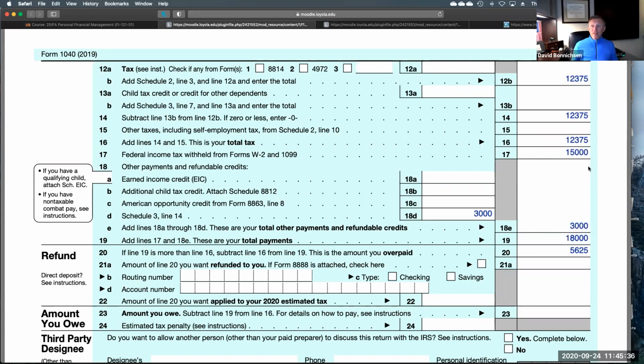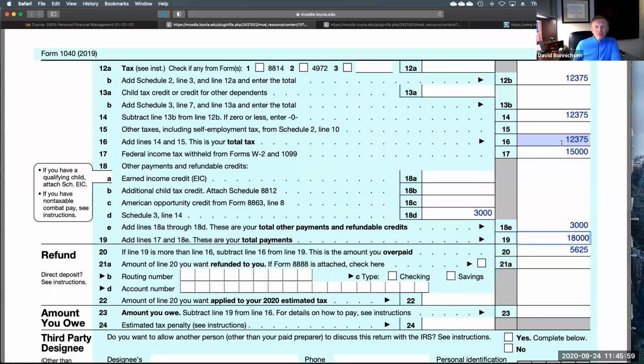So we had the 15,000 that we paid from our earnings statements, from our paychecks. We get to add the tax credit that we received, 1 for 1, remember that. So in total, we would have paid a total of $18,000 in tax last year, okay, when what we really owed was $12,375.